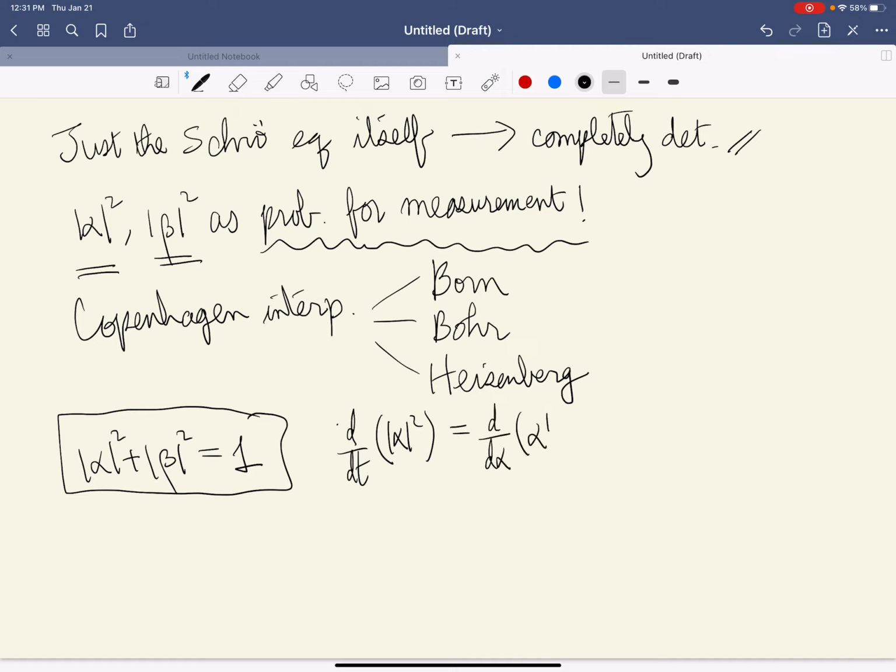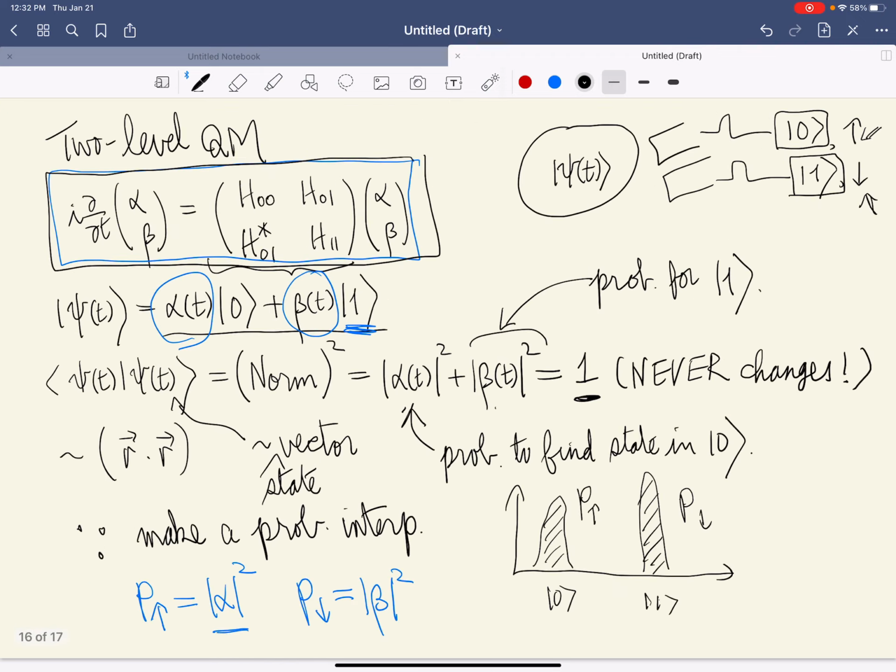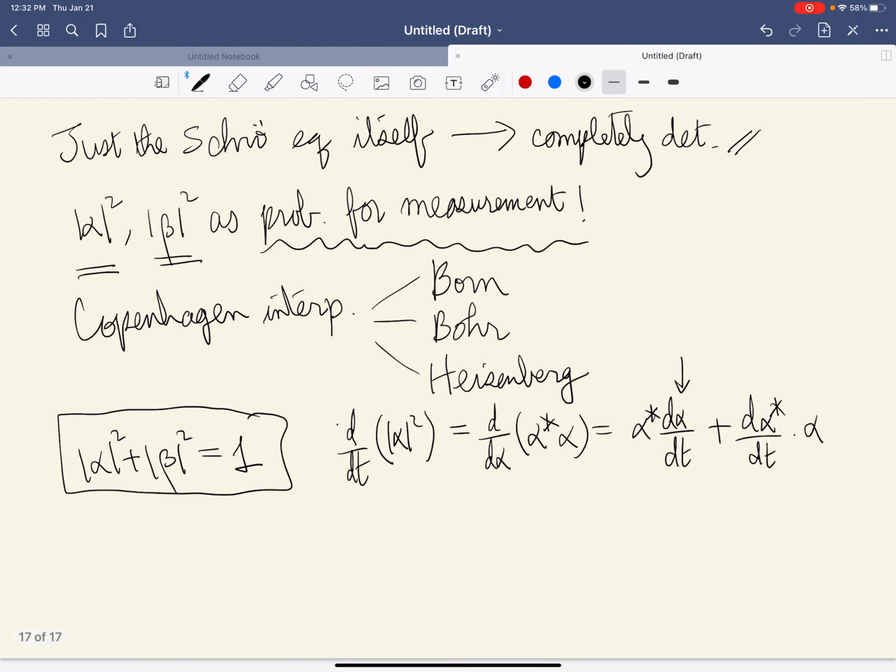So it's alpha conjugate times d alpha dt plus d alpha conjugate dt times alpha. And for d alpha dt, we just read off these results: h00 alpha plus h01 beta.